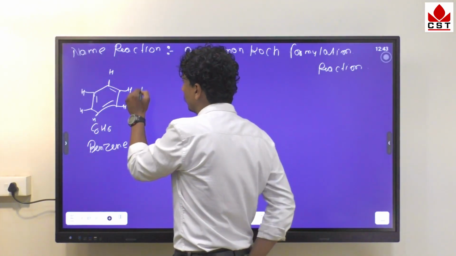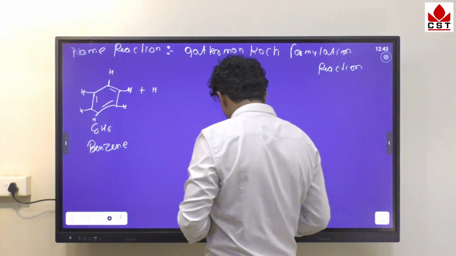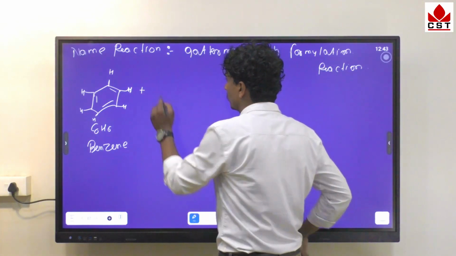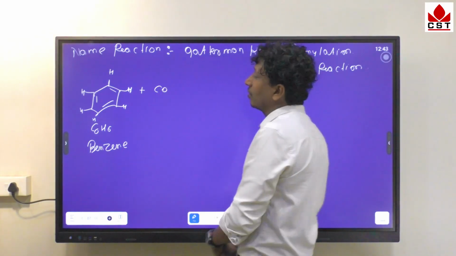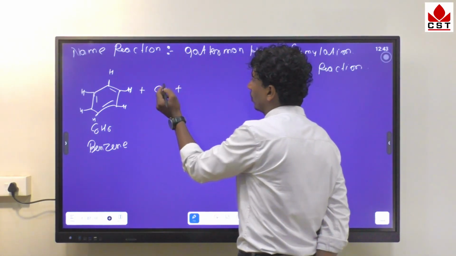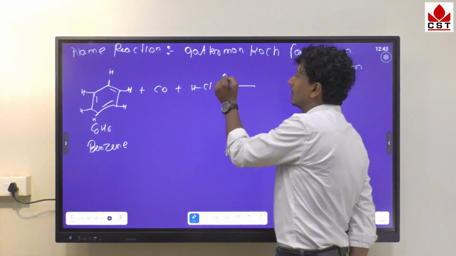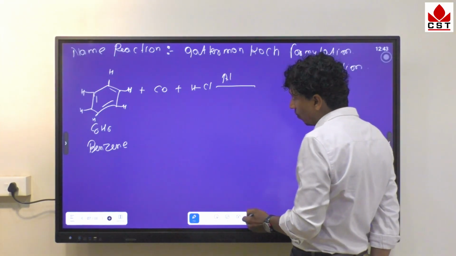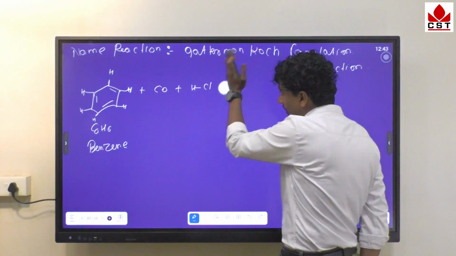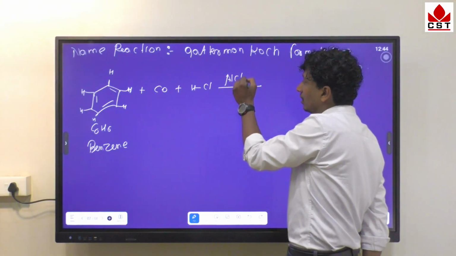Okay, what about the other reagents? In our chemistry, there is CO, which is carbon monoxide, and the treatment of that carbon monoxide is with hydrochloric acid in the presence of AlCl3.